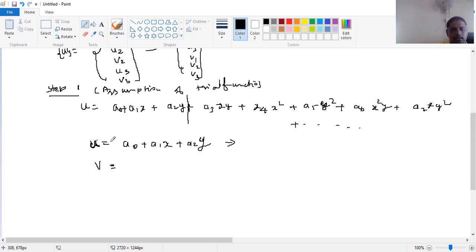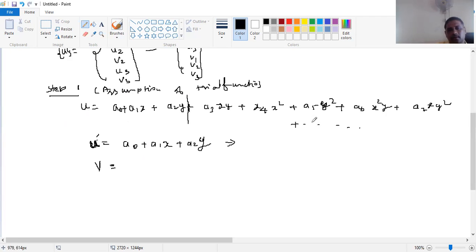U is nothing but deflection in x direction, and v is nothing but deflection in y direction. For u, you have to consider the first three terms in the polynomial equation, and similarly for v, again three terms.